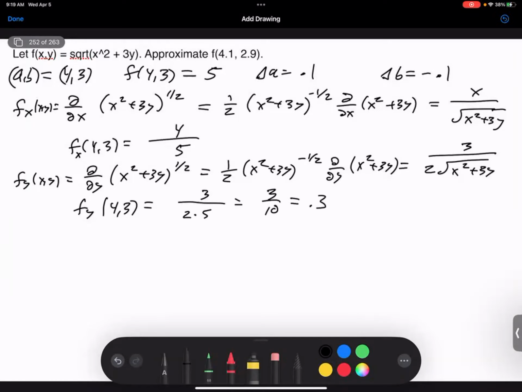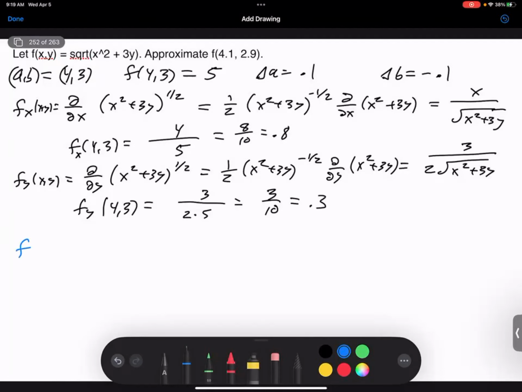To make everything easier, how might I want to rewrite 4/5? I'm sorry, 0.8, this is 8/10 or 0.8. And now everything is going to be very similar. And so now I get my approximation.